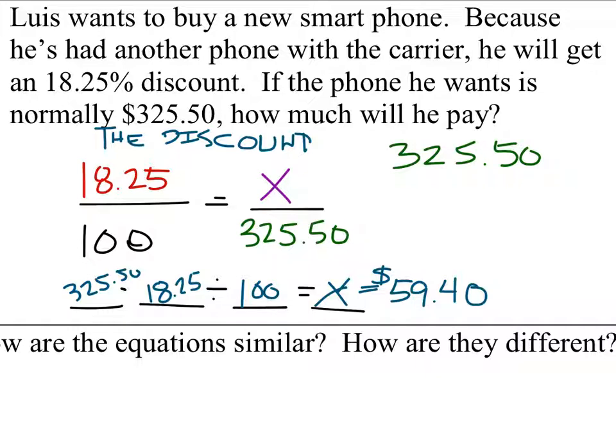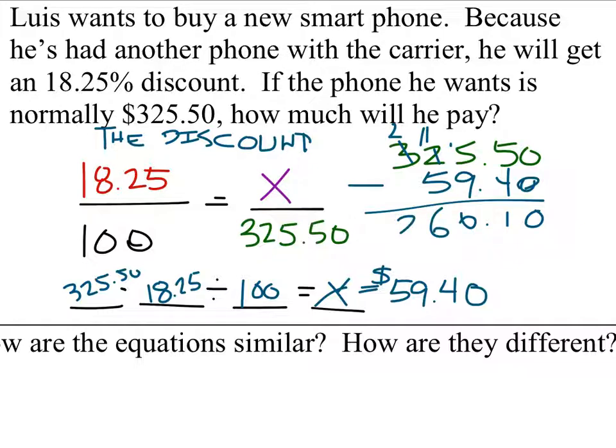And we're taking off that discount, so we're going to take off $59.40. So that's a 0, 1, 15, borrow, 2 and 11. So what is that? 6, 266.10. So it appears that Louis will be paying $266.10.